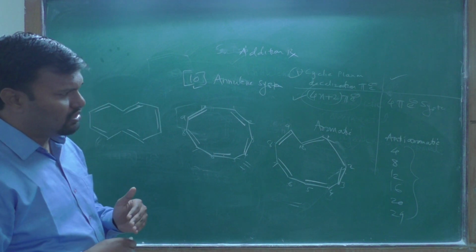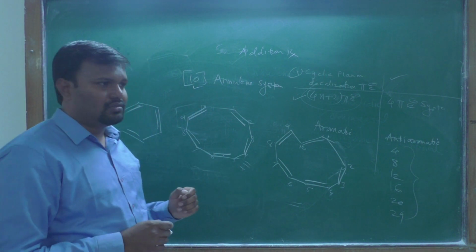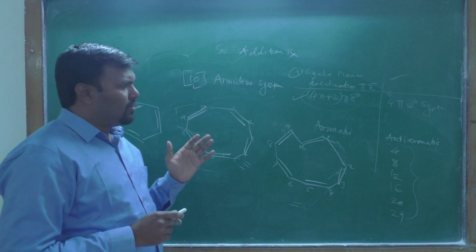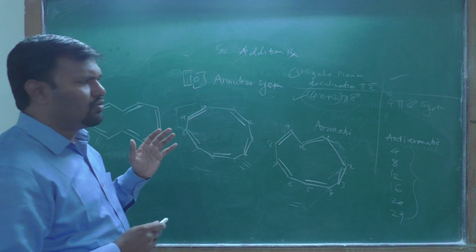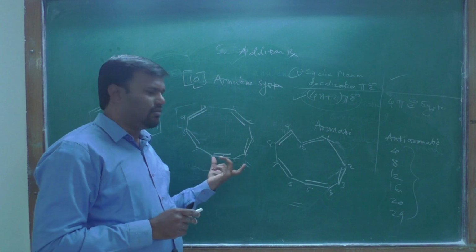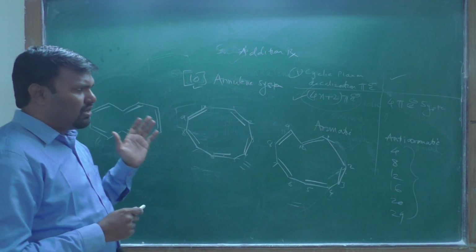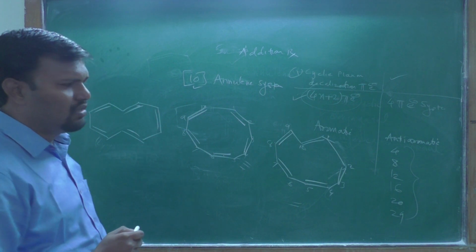But the first condition you should fulfill is that your compound should be cyclic, planar and delocalized. This compound does not follow that, therefore it does not come under aromatic compounds.